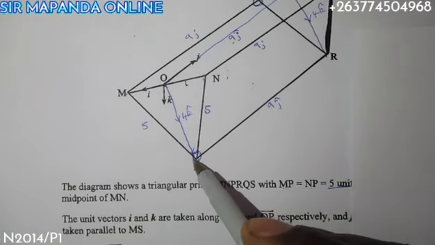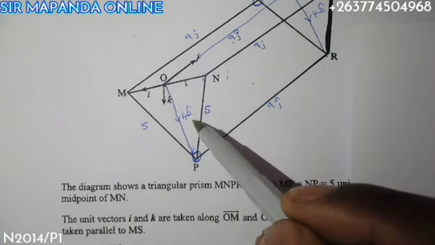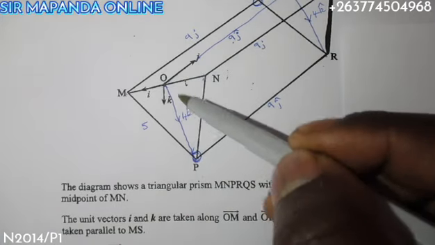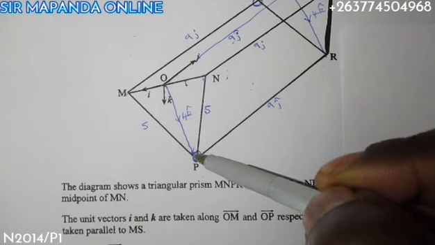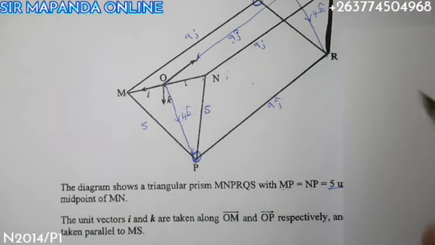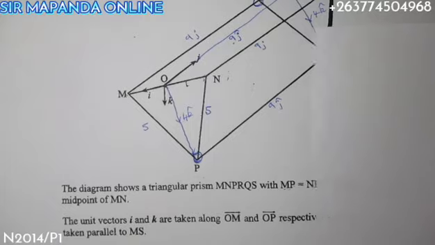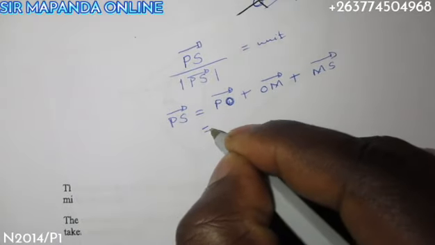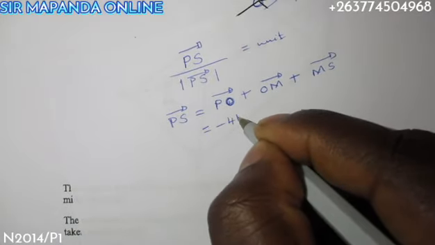PO is negative 4k. Since 4k is heading downwards, PO is heading upwards. Whenever your direction is opposite, a negative sign is introduced. So on PO, I'm going to write minus 4k.